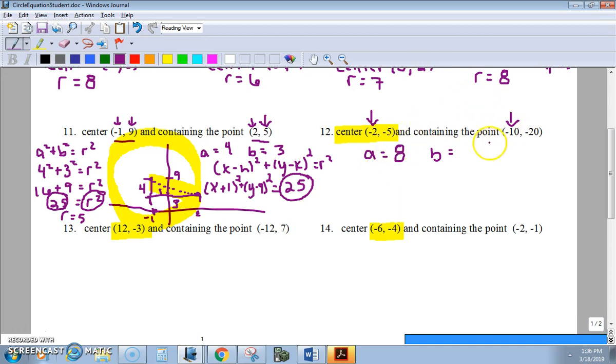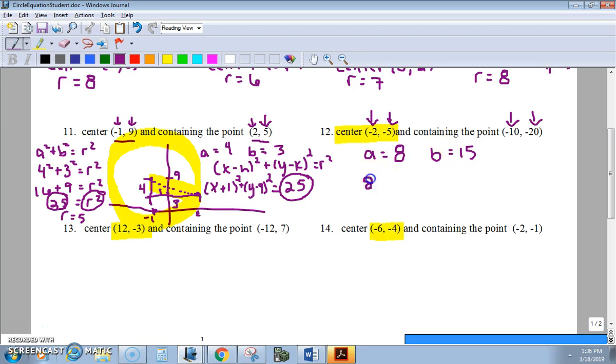Then to get from -5 to -20, I'm going to have to walk 15 blocks. Those are both positive blocks, even though everything's negative. I've walked positive distance.